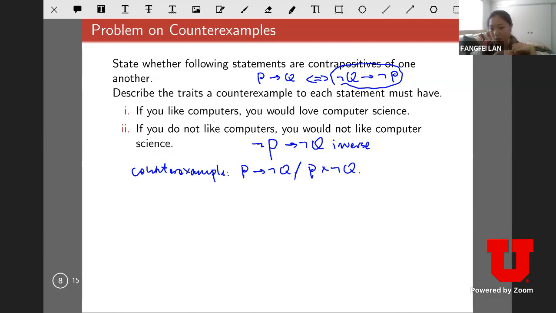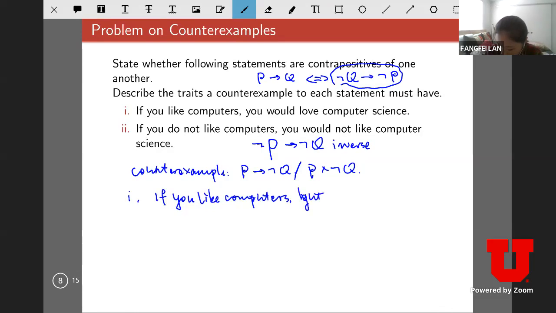You like computers, but you do not like computer science. Yes, that's exactly it. So the counterexample for the first one would be: you like computers, but you don't like computer science.